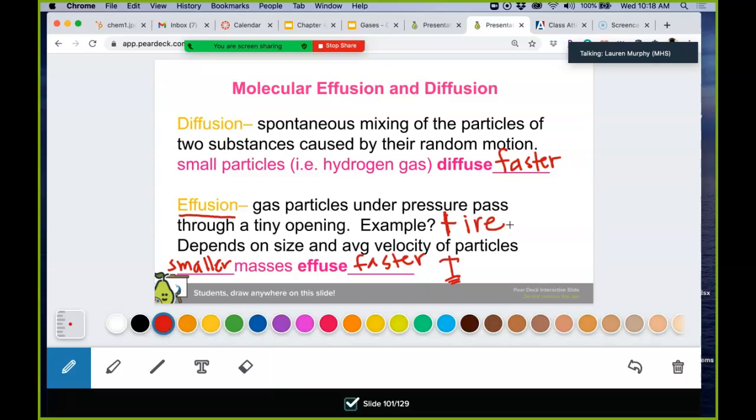On a hot day, your tire will go flat quicker because the gas molecules are moving faster, and if they're moving faster, they have a better chance of escaping. On a cooler day, your tire will go flat a lot slower because the gas molecules don't have the ability to escape as quickly.